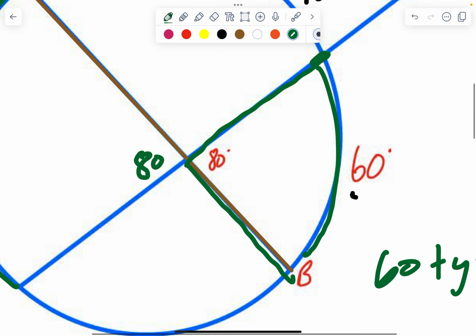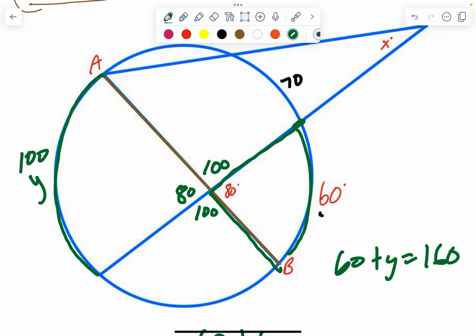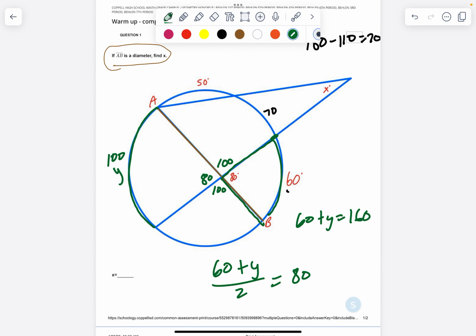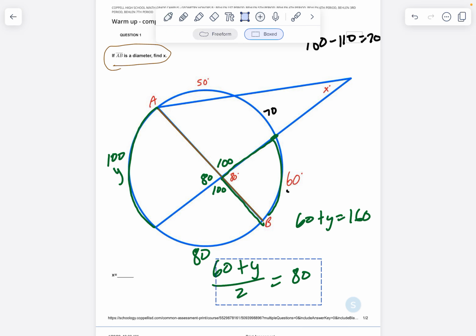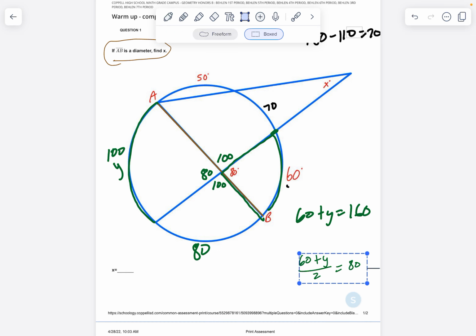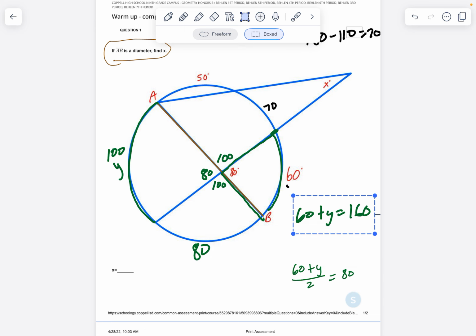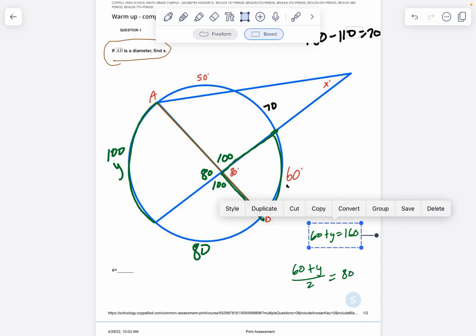We also know that this is 80. This would have to be 100, and this would have to be 100. All right, and if that's 100, we would know that this arc over here is 80. We now have every arc in the picture, looking good. Once you have every arc, you can get every angle. It's just about going through and figuring out which arcs go with which angles.